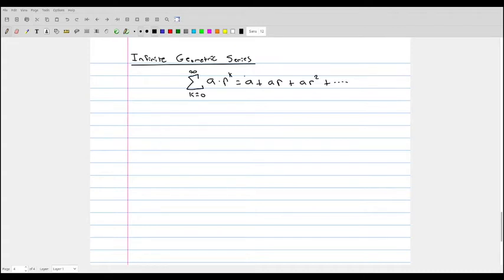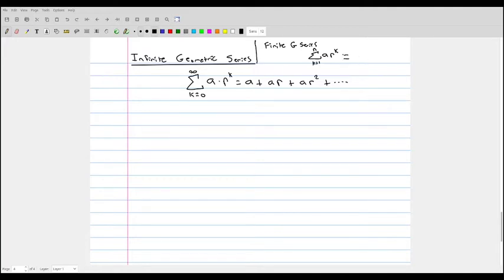So we know that for a finite geometric series from before, we showed that a finite geometric series is the sum from k equals 0 to n, so some finite value n, of a times r to the k.